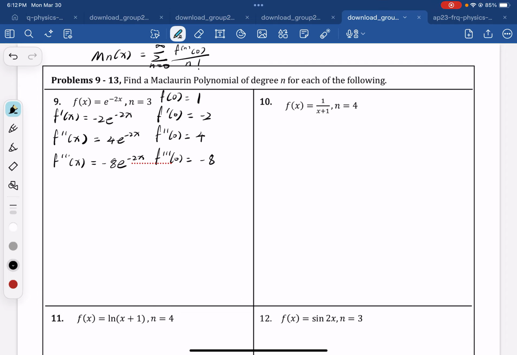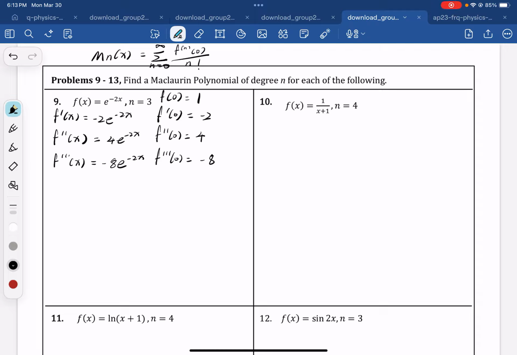And then that's all we need to find the Maclaurin polynomial, the coefficients. So let's start with the polynomial.